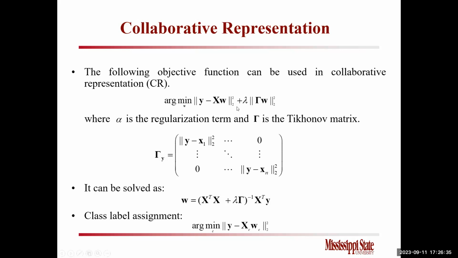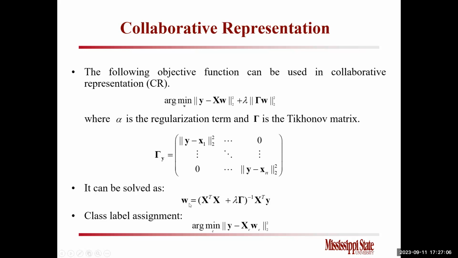Anyway, because it's an L2 norm, we can just take the derivative and set it to 0, and then we have a very nice closed form solution. Without this, if lambda equals 0, this is just traditional regression analysis, which is a pseudo inverse of X. But then we add this gamma, so we have a regularization term.